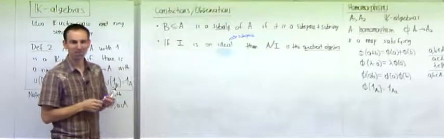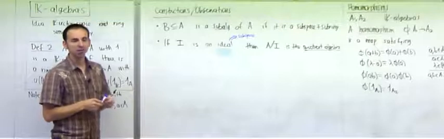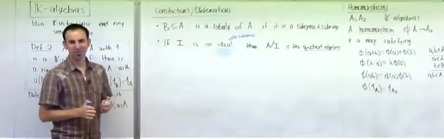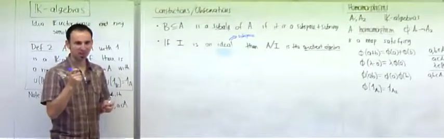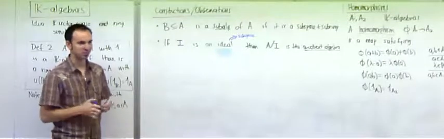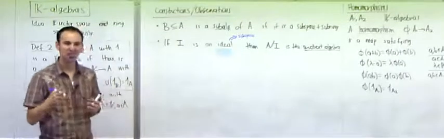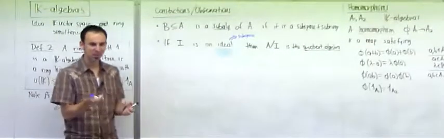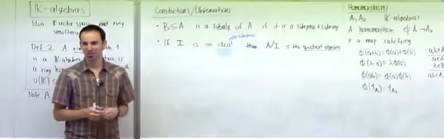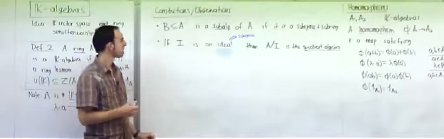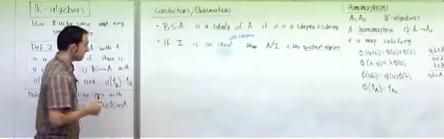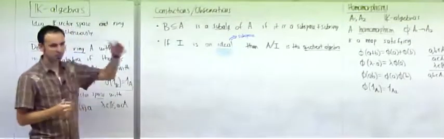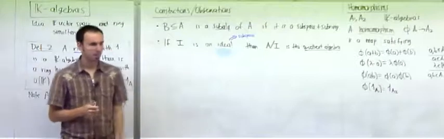That's precisely the kind of thing. Every one of these little things, when you sit down and check it, you're going to understand this a lot better. If you just believe me, then okay, it sounds reasonable. And then when you check the details, you have to think about it a little bit harder, and then you're going to find that it is true. Okay, so all you need is to have an ideal, and then you can take quotients.